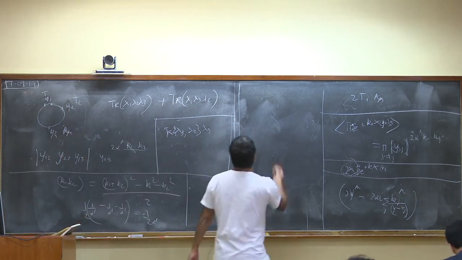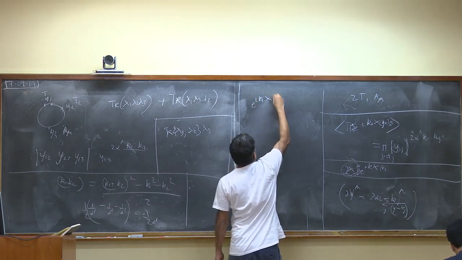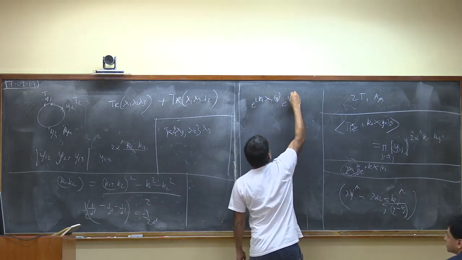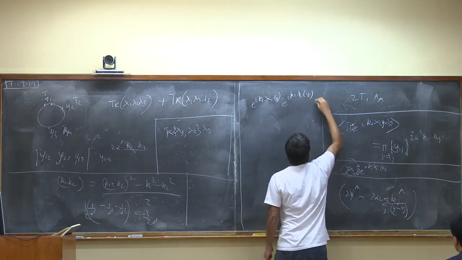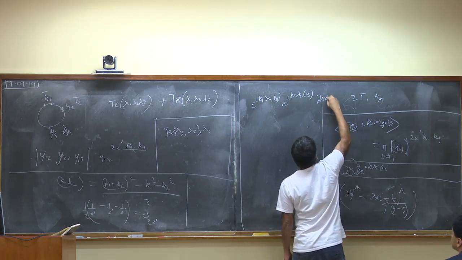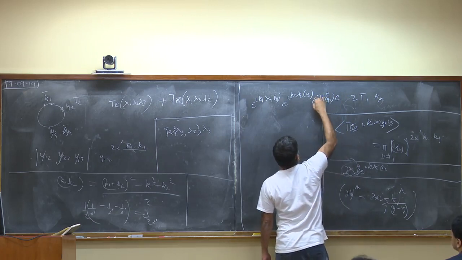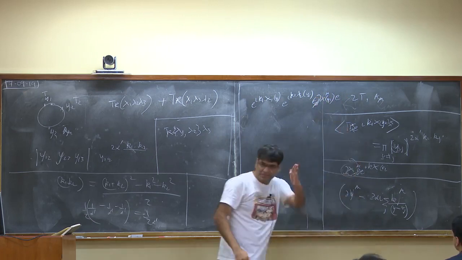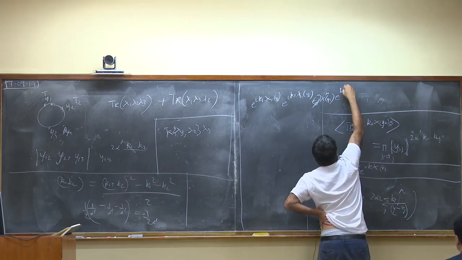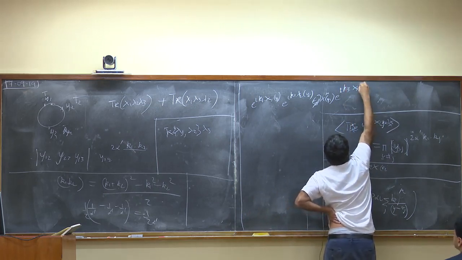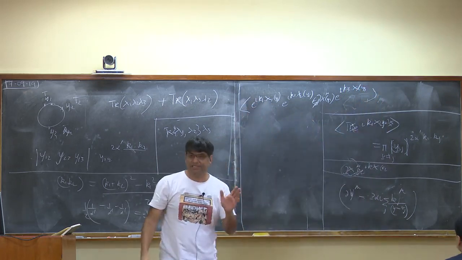The only difference is that we have e to the i k1 dot x1 of y1, e to the i k2 dot x2 of y2, but then we've got del x mu at y3, and let's put an epsilon mu for the polarization of the photon, e to the power i k3 dot x3 at y3. And we've got the same ghost factors as before.